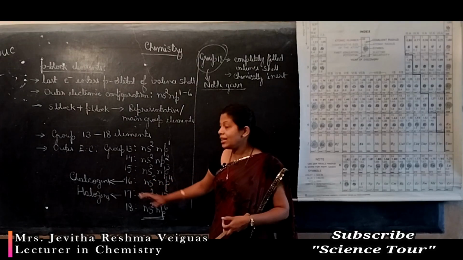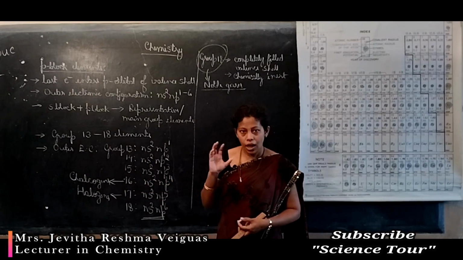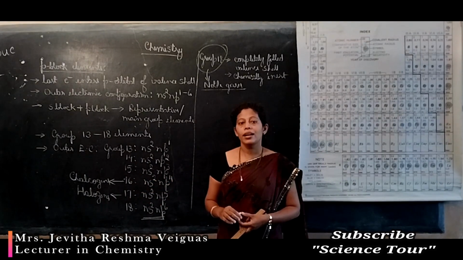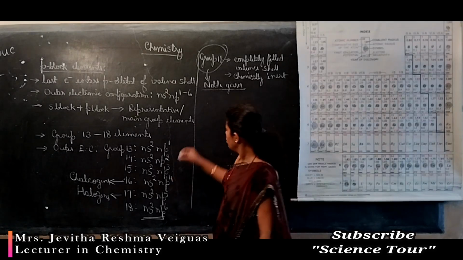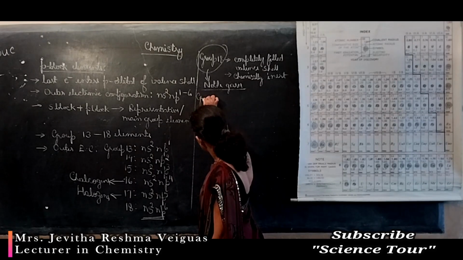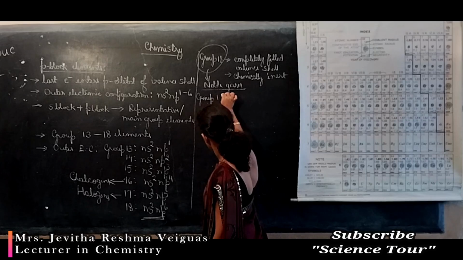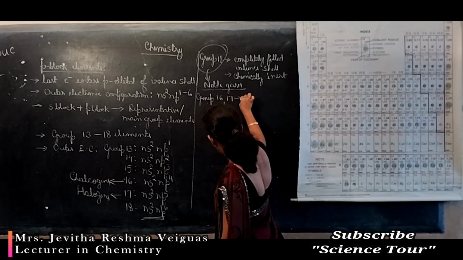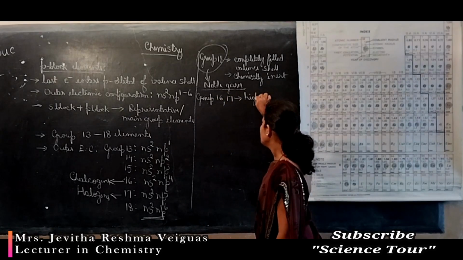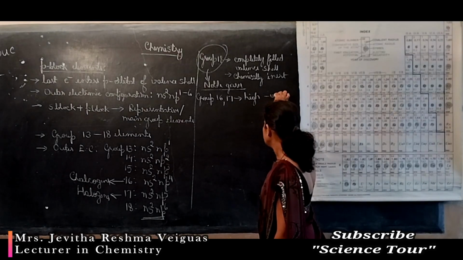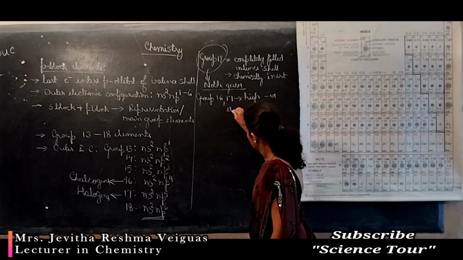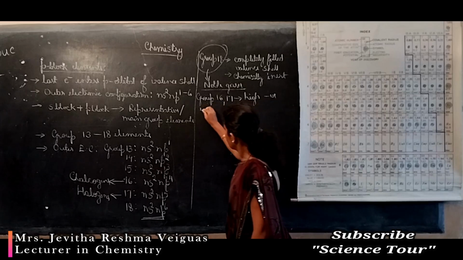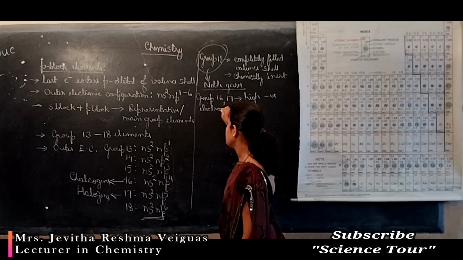These have highly negative electron gain enthalpy. About electron gain enthalpy, let's study in detail later on. So group 16 and 17 elements have high negative electron gain enthalpy.